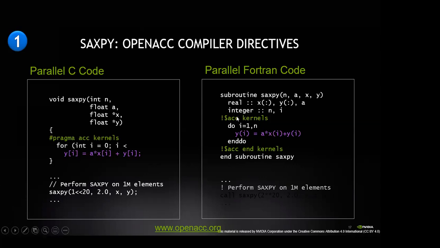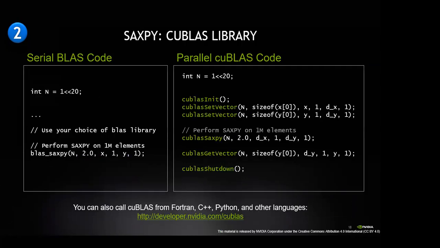In the Fortran implementation it is the same, but we need to close the block, where up to recently, up to Fortran 2018, we didn't have this notion of block in Fortran. Now we have this block extension.